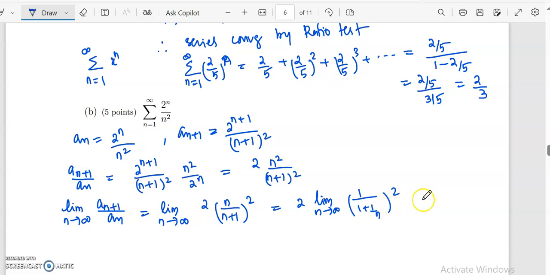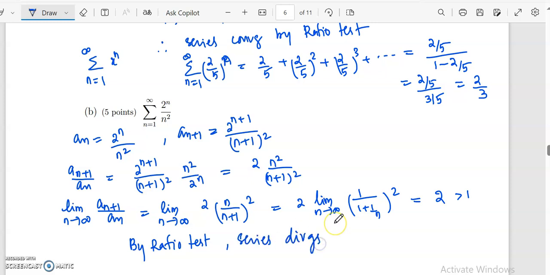So the limit value will be equal to 1, so we'll get 2, which is greater than 1. So therefore by ratio test the series will diverge. The limit value is greater than 1, so the series diverges in this case.